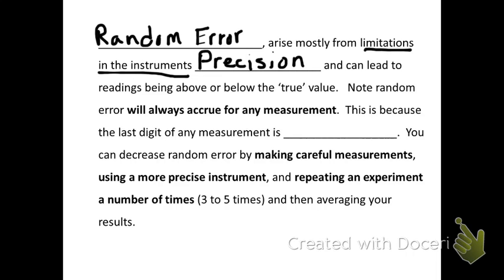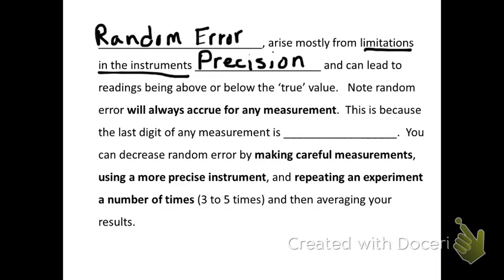Now remember that measuring instruments can only record to a certain number of significant figures because of their limitations. And so instruments can only have certain precision, and precision problems lead to random error.